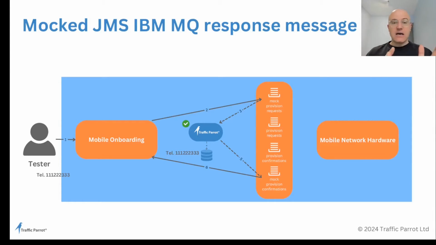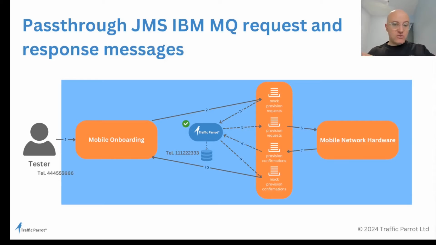You can add more columns to create different types of responses, use the CSV file in the responses, etc. There's a lot of things you can do there, but this is a very simple example just to demonstrate that you can have mocks running with pass-through at the same time, right? So even though we've got a mock for 111.222.3.3, 444.555.666, for example, will be passed through to the real mobile network microservice.